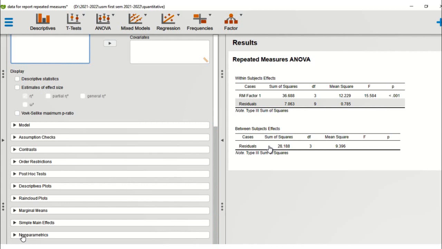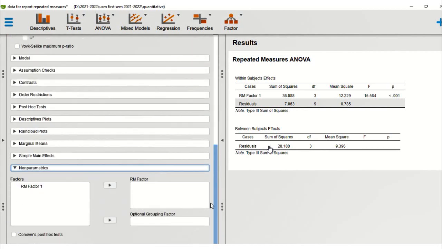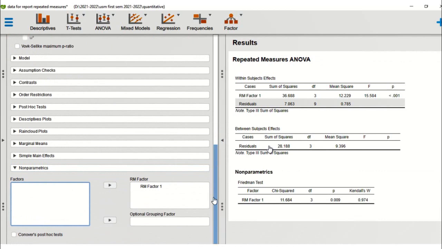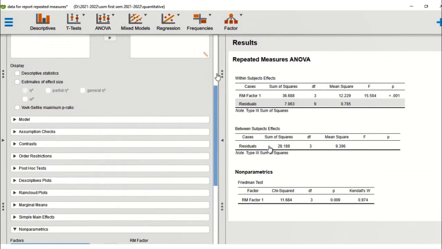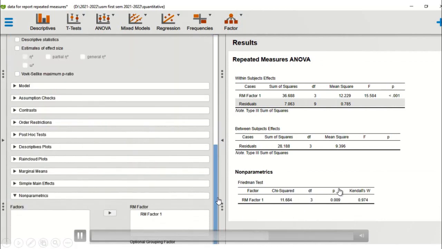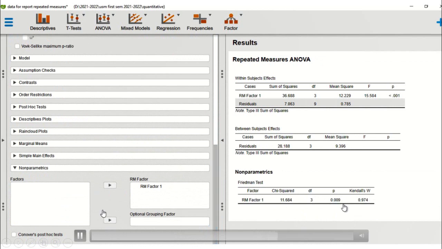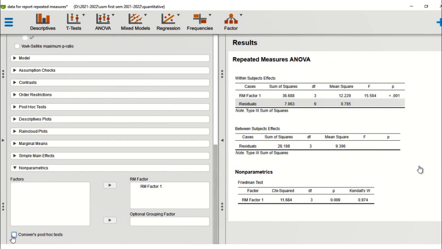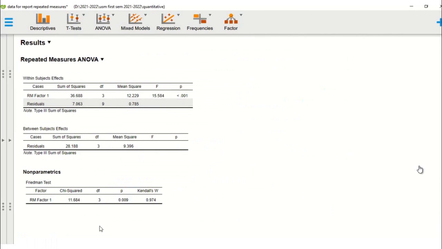So to do that one, we'll go to the non-parametric, and we have here the RM factor, the repeated measure factor, and then we will check here the non-parametric test. We have here the Friedman test, and the chi-square, the degree of freedom is 3, the p-value is 0.009. So it means it is still significant. So based from that result, whether we use the non-parametric, there is really a significant difference among the treatments.